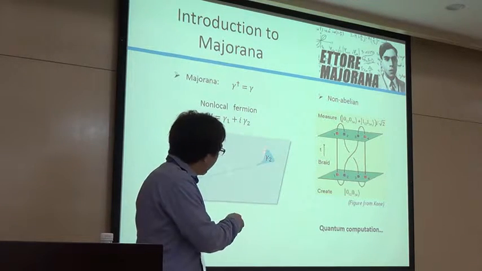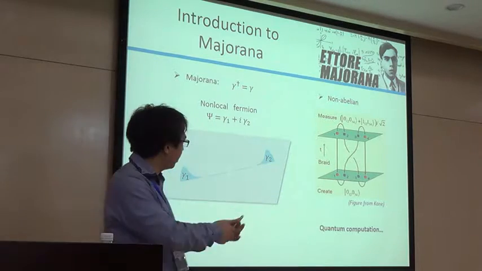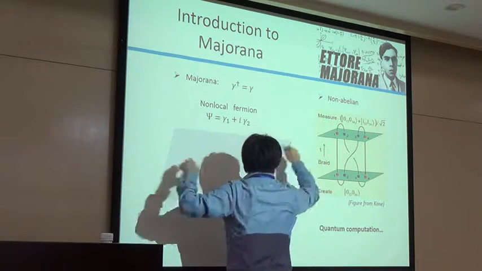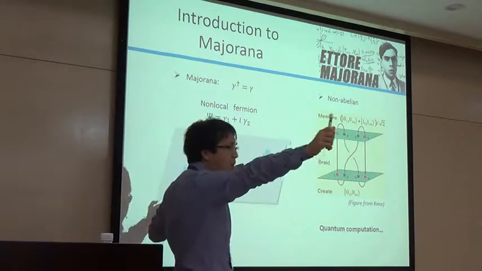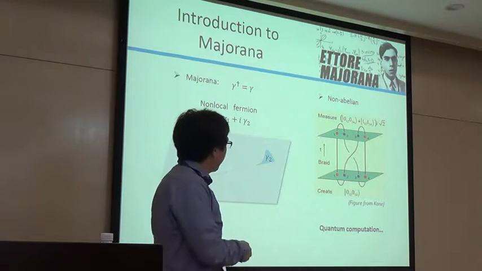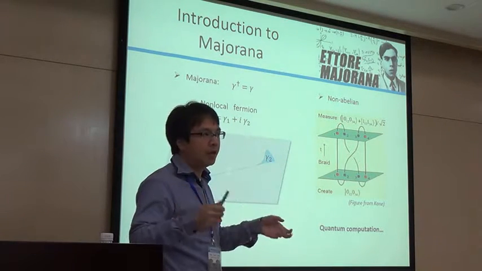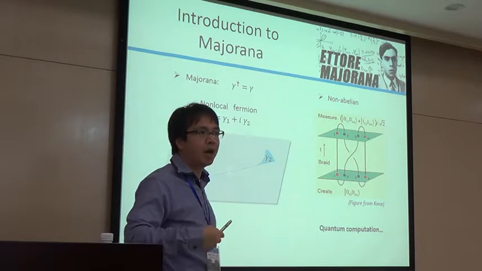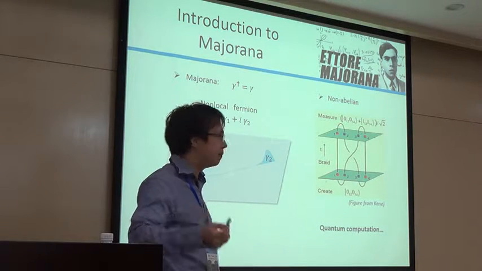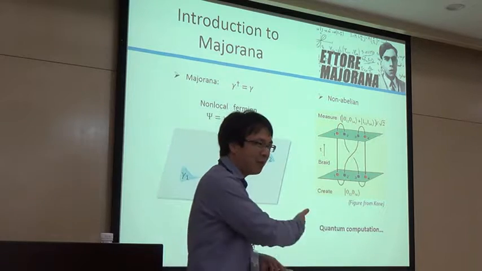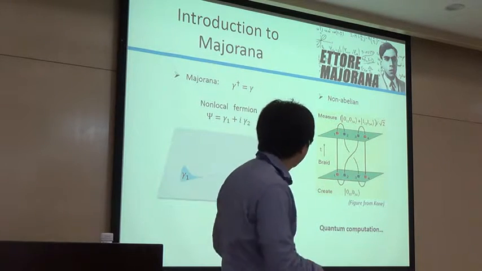First of all, these two Majoranas can form a nonlocal fermion; the wave functions can be separated very far apart from each other. Second, they can form a qubit, because you can have an occupied state and an unoccupied state. Professor Xu must be very familiar with this kind of quantum qubit.